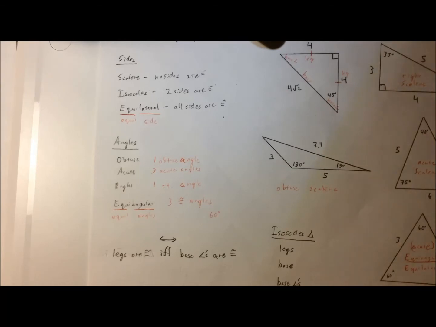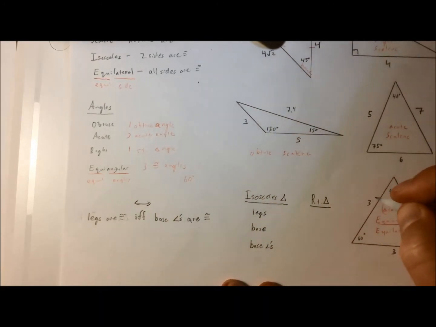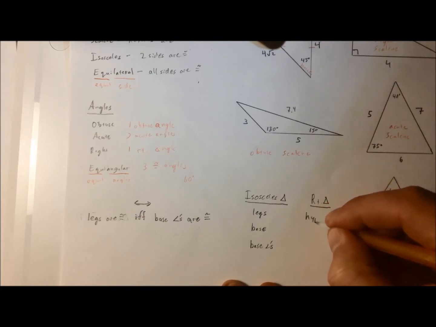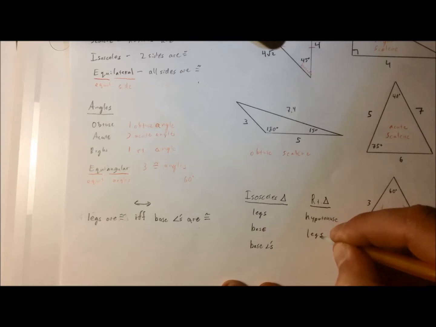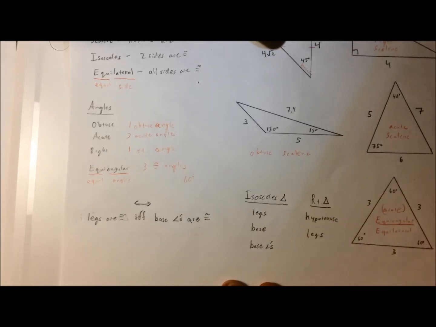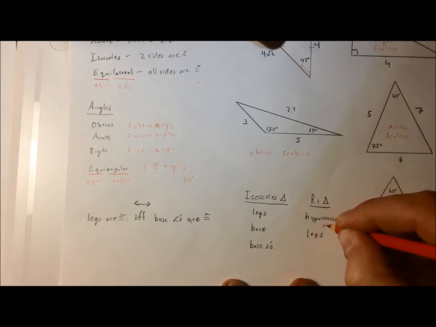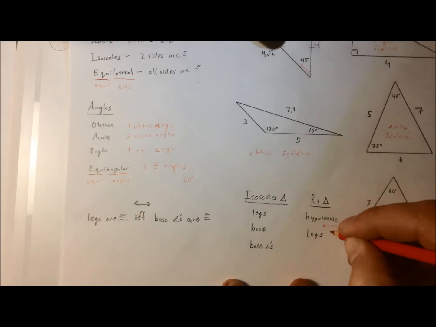If you have a right triangle, the right triangle also has parts. It has a hypotenuse, and it also has legs. The hypotenuse is always across from the right angle.